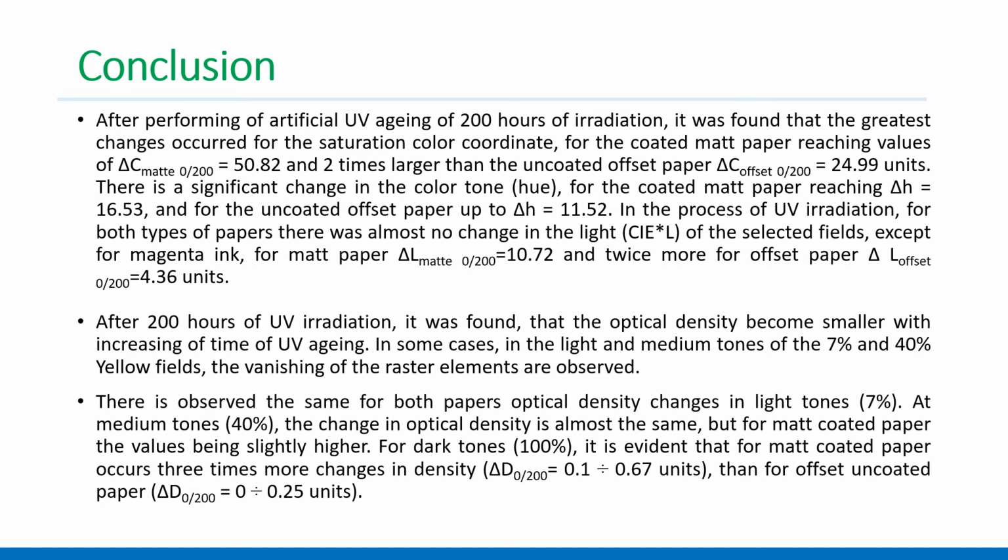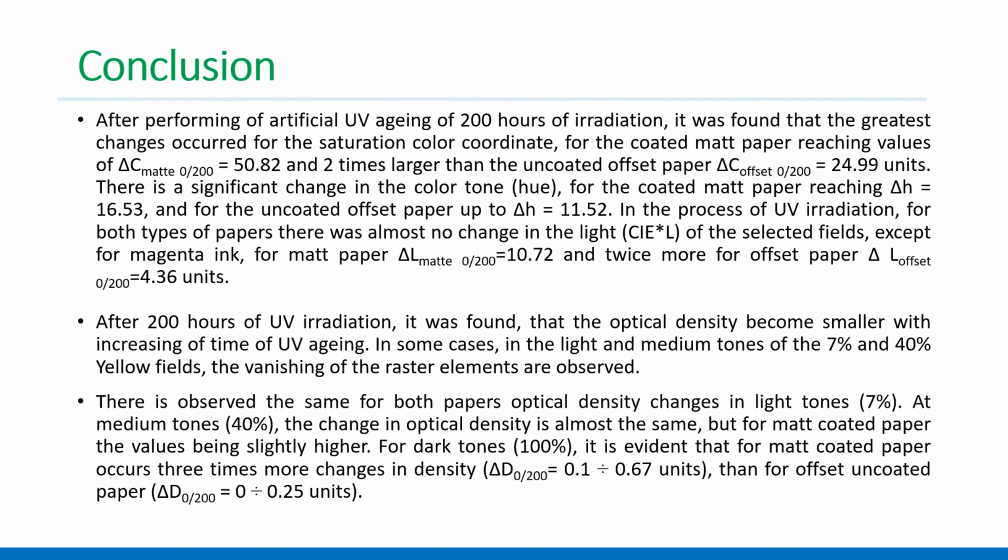In the process of UV irradiation for both types of papers, there was almost no change in whiteness coordinate of selected fields except for magenta ink. For matte paper, the difference in whiteness coordinate is about 10 units, and for offset it is about 4.36 units.